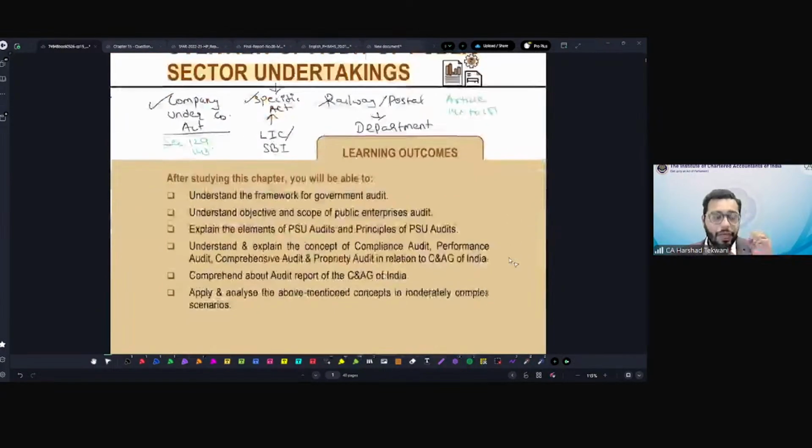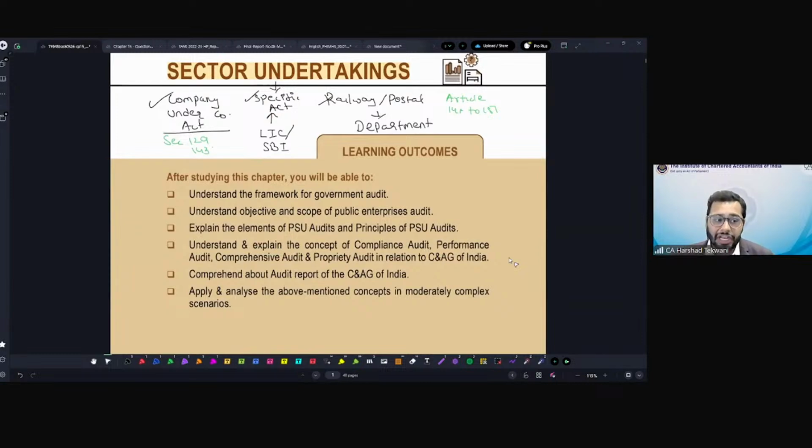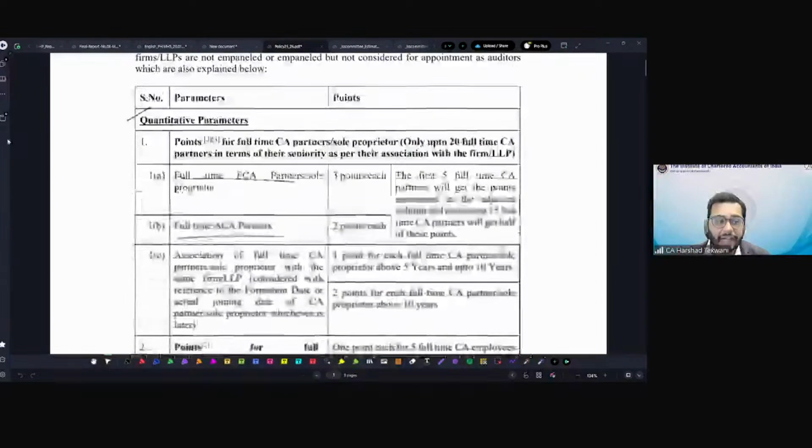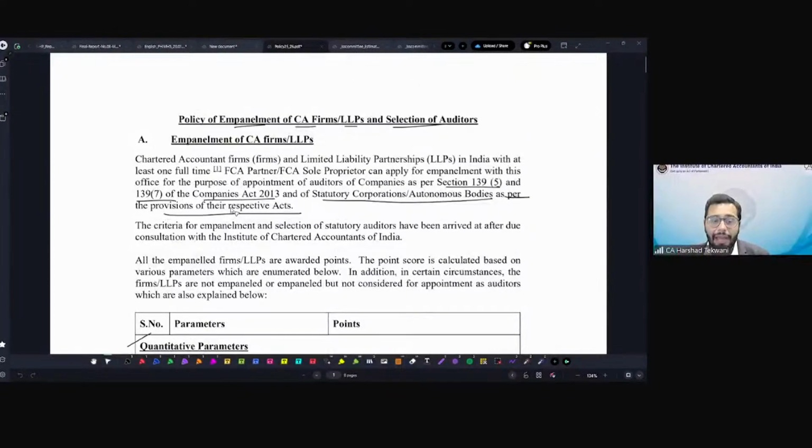A quick recap I'm giving you: we discussed the committees, the functioning of the committees, laying of the papers, and from where the audit requirement is coming: Companies Act, separate Act, Indian Constitution, C&AG, DPC Act, Section 19A. So how the requirement is flowing, how the powers are coming to the C&AG, and even the criteria for the empanelment of chartered accountants and LLPs for the audit of public sector undertaking.